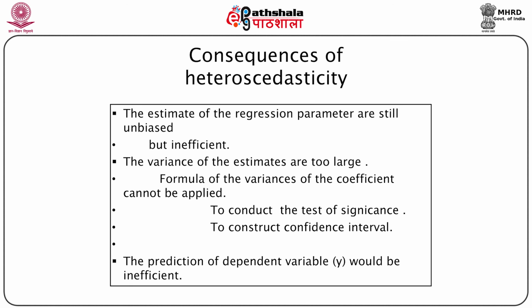The variance of the estimates is too large, hence we cannot apply the formula of the variance of coefficient to conduct the test of significance and to construct confidence intervals. The prediction of dependent variable yi for a given value of x based on the estimate of beta hat obtained from the original data could have high variance, that is, the prediction would be inefficient.